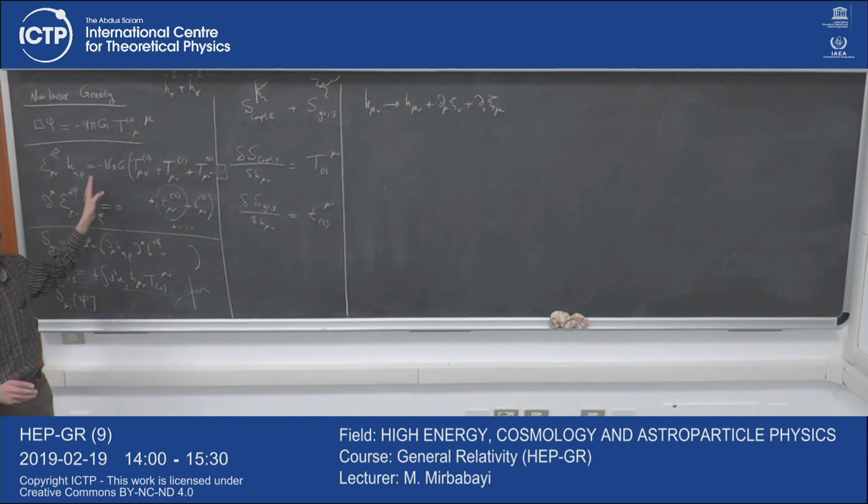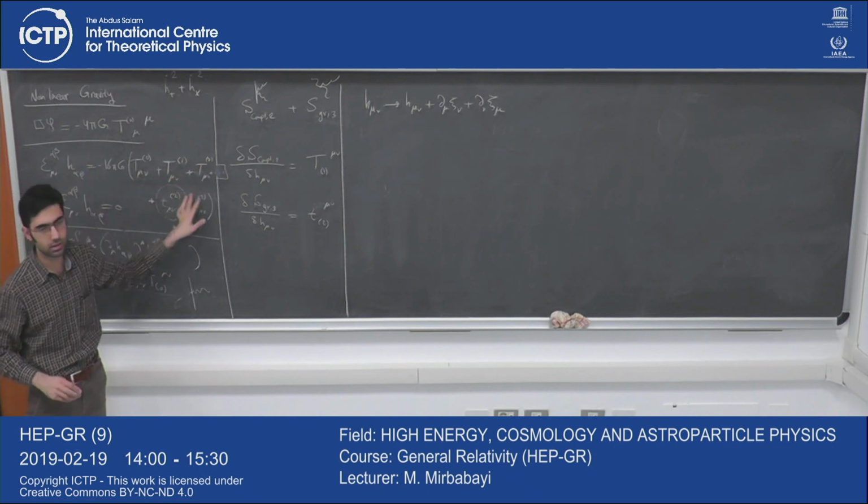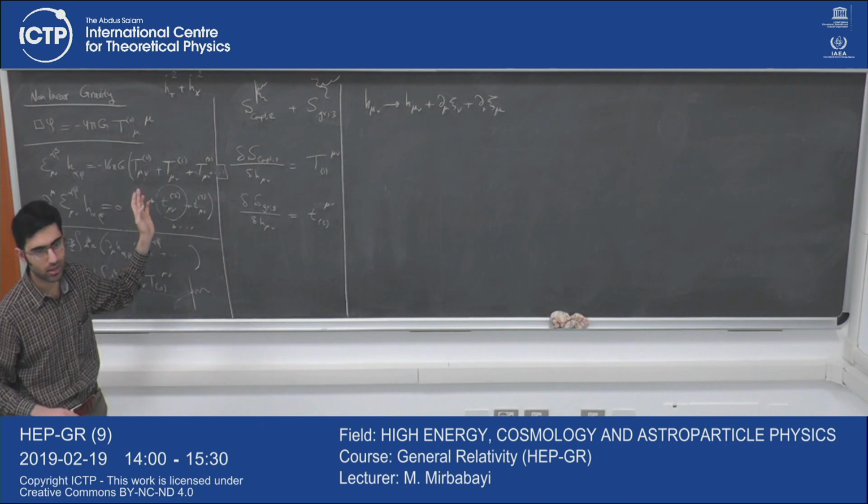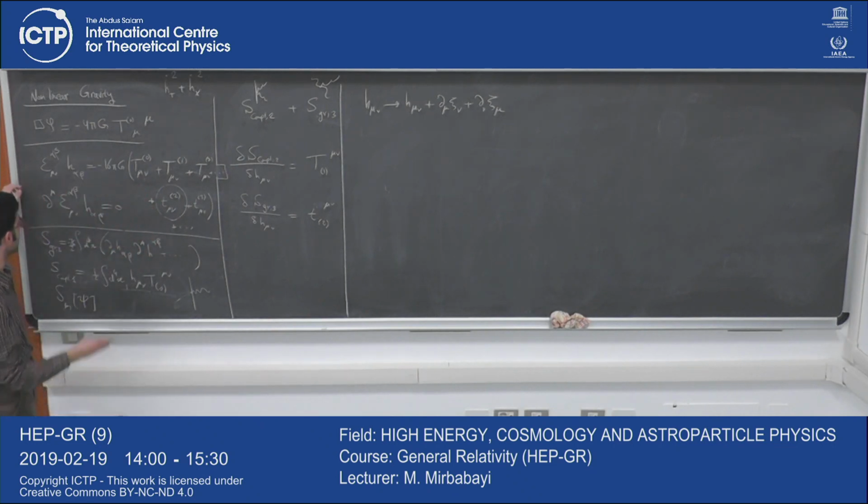So my guiding principle for writing this term was something else, but not totally unrelated. The fact that the equation of motion for H mu nu, the homogeneous part of the equation, is identically conserved is a direct consequence of the fact that this quadratic action that I wrote is invariant under that symmetry.